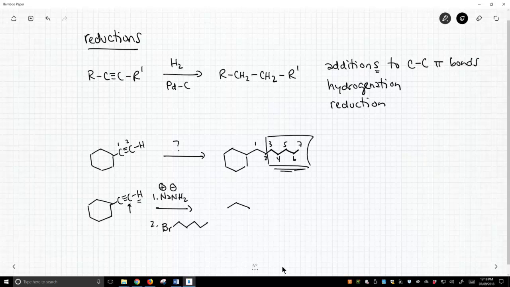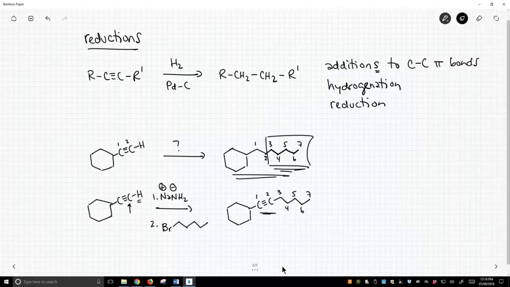And as a result, 1, 2, 3, 4, 5. Now we have 1, 2, 3, 4, 5, 6, 7 carbons. And now we're very close to this compound up here.